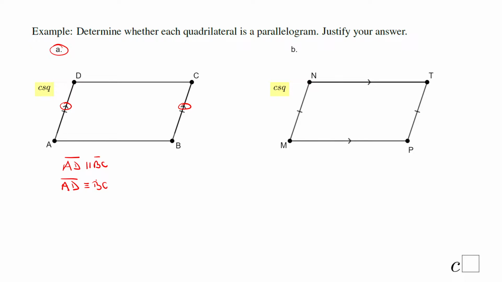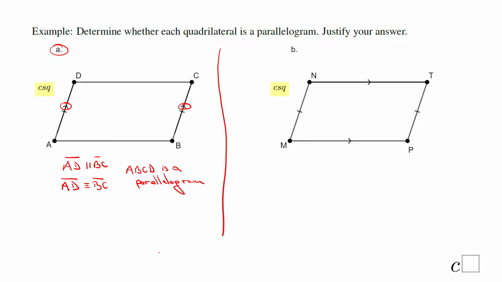If you remember, this is one of the theorems that allows us to say now that yes, ABCD is a parallelogram. Why? Because a pair of opposite sides are congruent and parallel. And that is one of the theorems we just had.